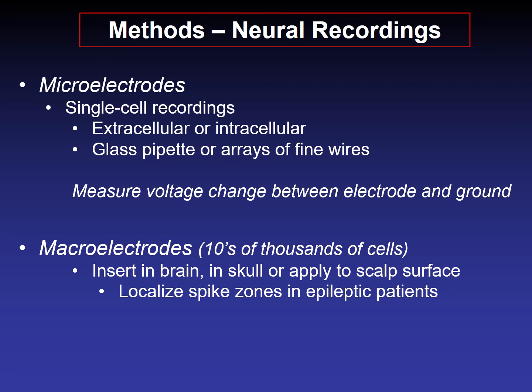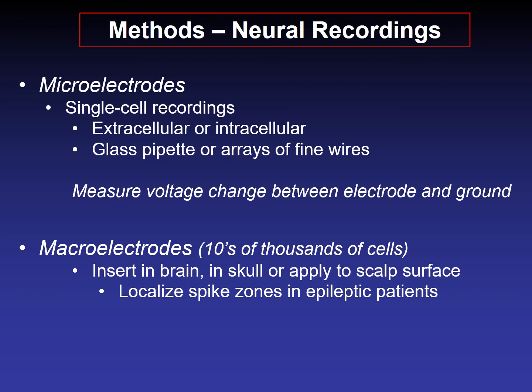And what is fairly common these days in patients with intractable epilepsy, that is, epilepsy that can't be fixed by medication, they will actually go in and do brain surgery, and they will remove this small bit of tissue in the spike zone. But what they have to do ahead of time is, say, about 2 weeks prior to surgery, they will insert electrodes into the patient's brain and record for a couple of weeks to find out where this spike zone is.